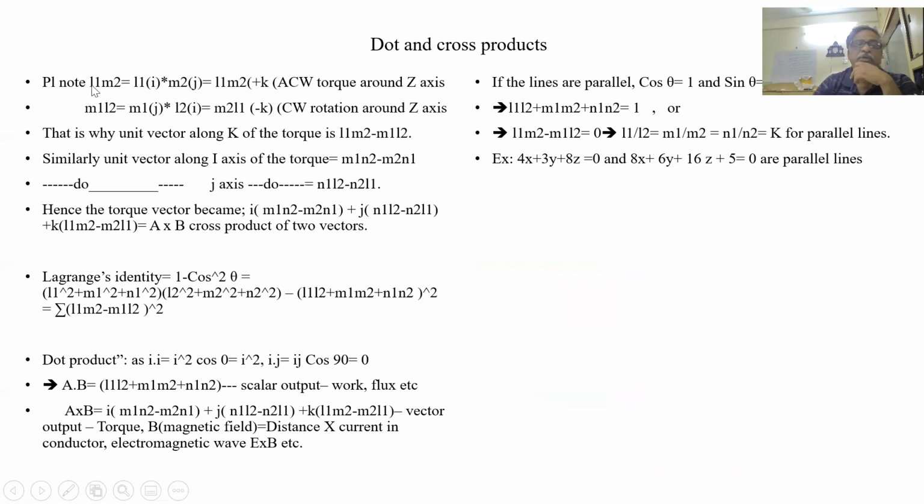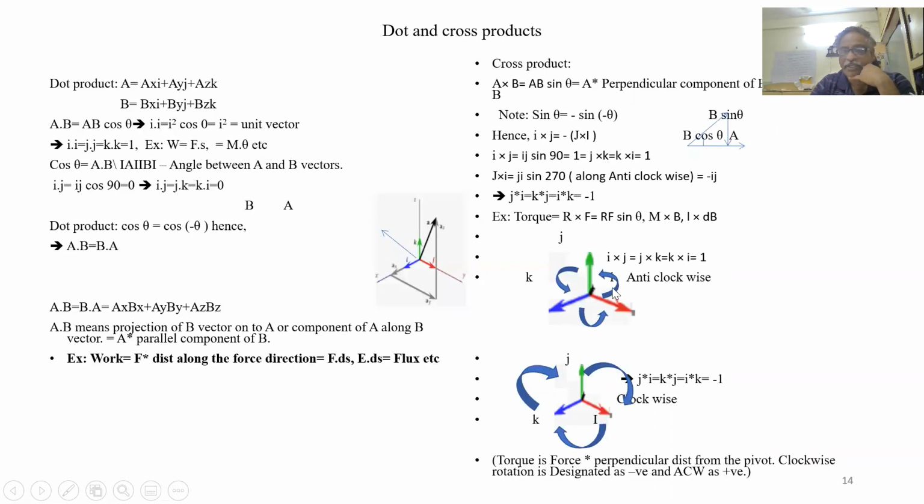What is L1 M2? L1 is in the I direction, M2 in the Y direction. So I cross J is positive. It is anti-clockwise rotation with respect to the K axis. This is L1, this is M2, M2 is the second vector.